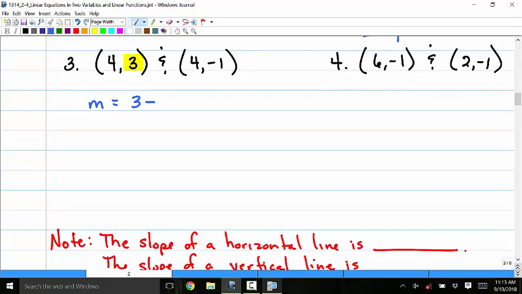So I get 3 minus negative 1 over, I need to start with this x value, 4 minus 4. 3 plus 1 is 4 over 0. Can you do that? Can't divide by 0, so I'm going to say that that slope is undefined. Or you can say that there's no slope. Either way is acceptable. No slope or undefined slope.